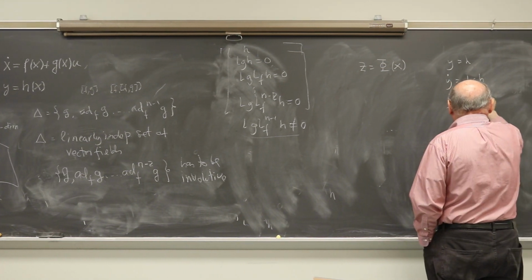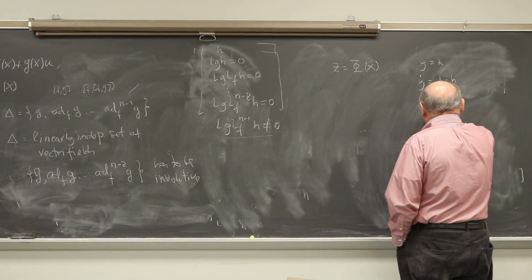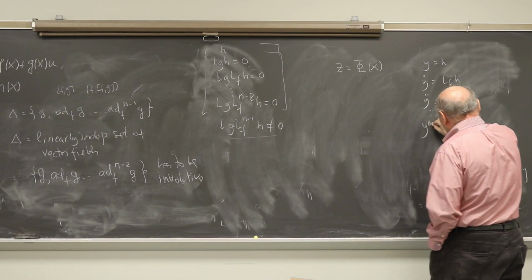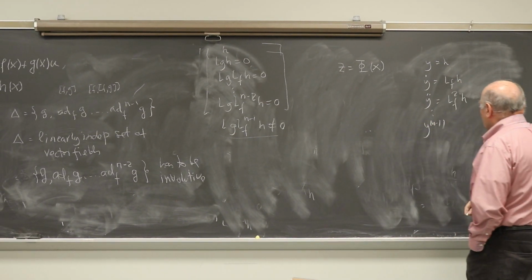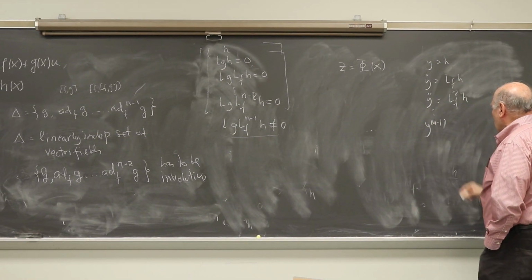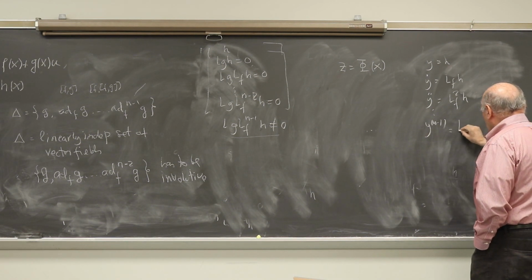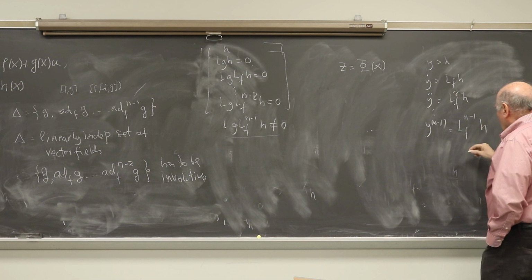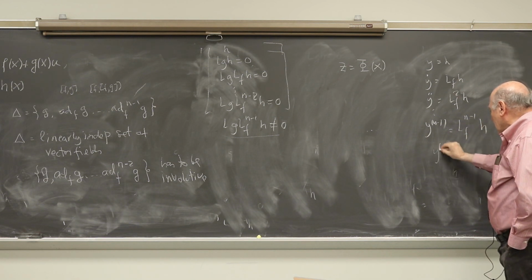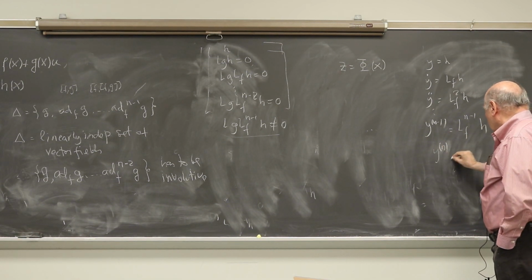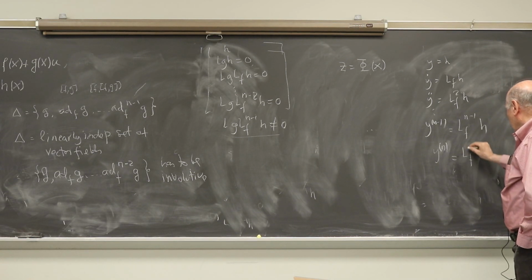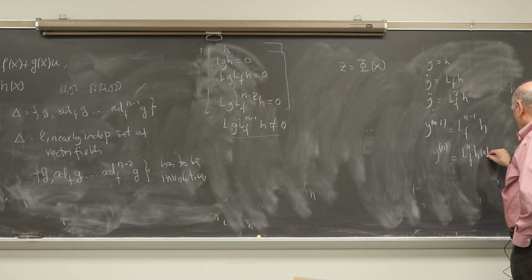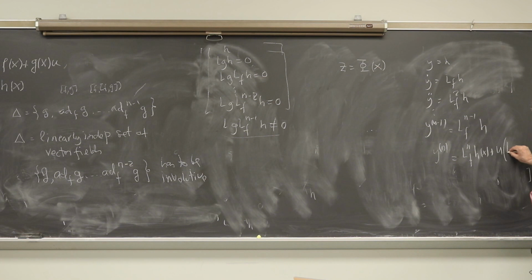Y double dot was LF square H. Up to now, if I'm looking for that H which does not allow the presence of the control except at the last nth derivative, I will have here LF^n H of x plus U LG LF^(n-1) H.